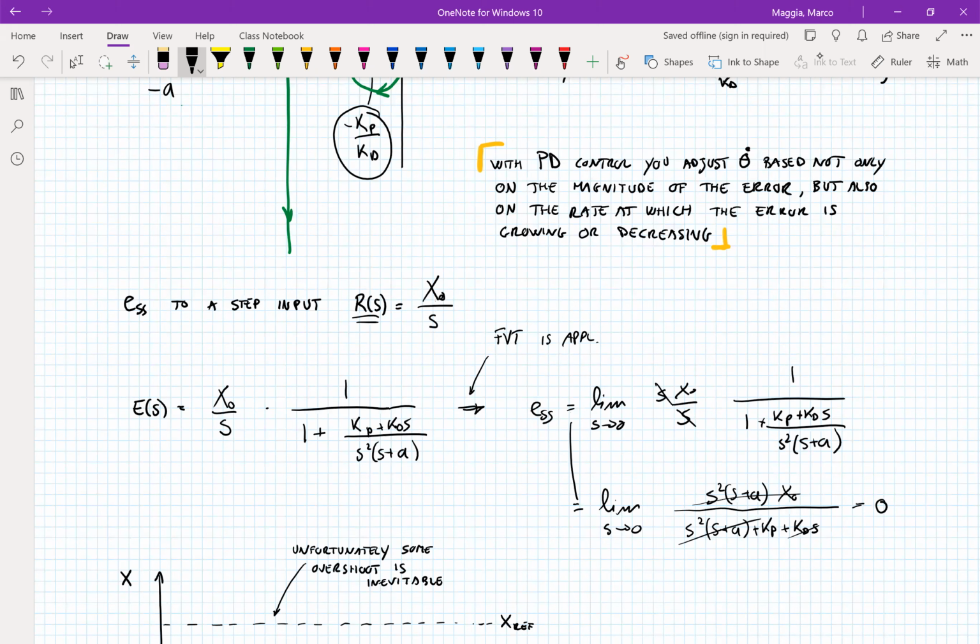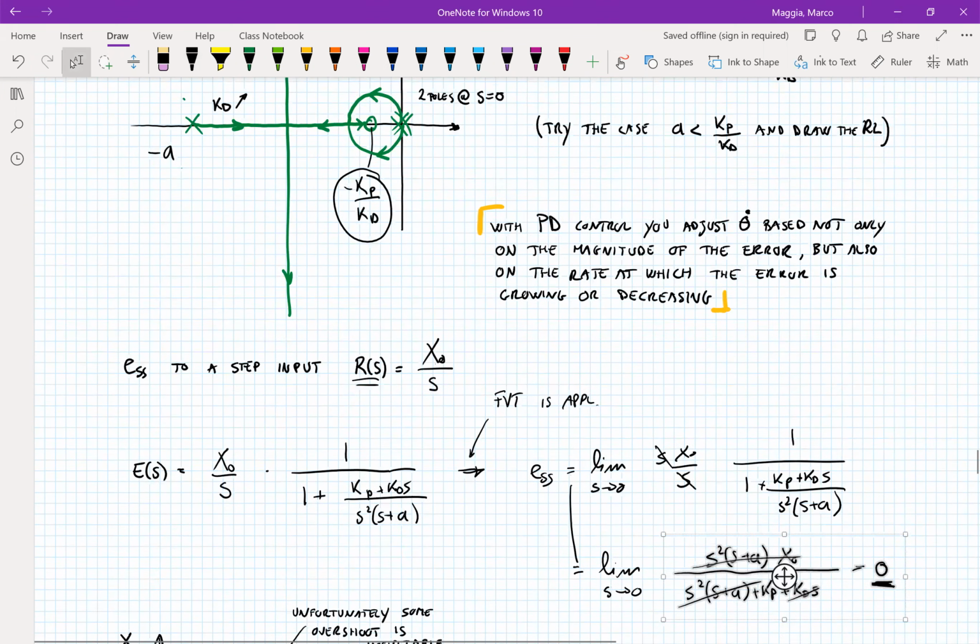So great. It means that we are arriving at the second stop with 0 error. We're arriving there and we are staying there. So not only are we at the second traffic light, but we're also there with 0 velocity because this is the steady state error.